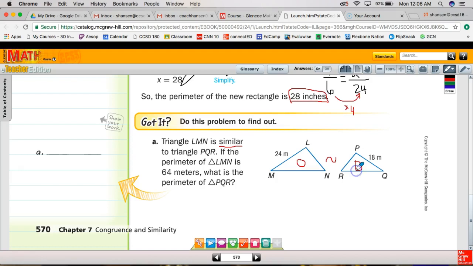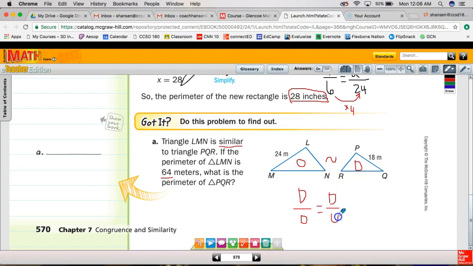They're giving me information about triangle LMN. They're telling me that this perimeter is 64, and this perimeter is what they're asking me to find. So if I consider D over O equals D over O, dilation over original equals dilation over original, then here's what I would come up with.